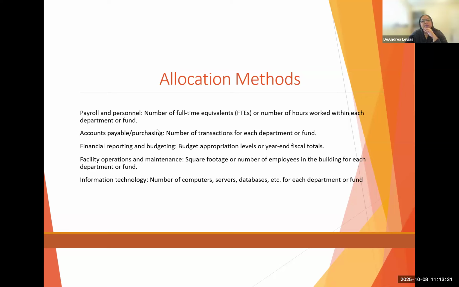Or if you have 10 employees, 3 in program A, 4 in program B, and 3 in program C, and then some admin staff, you could take the cost of rent and allocate it based on the FTEs of each of those programs in the office. Does that make sense?